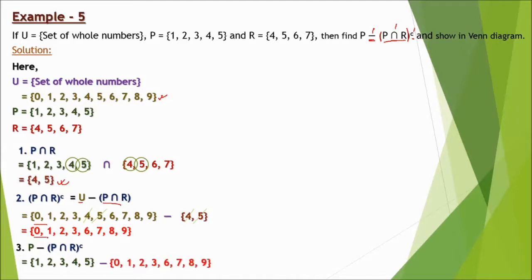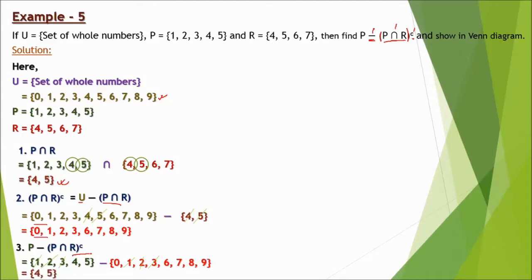Now again we have to cancel the common elements. 1 got cancelled, and again 2 got cancelled, again 3 got cancelled, again no. Okay, we don't have any other common elements. So our focus must be on the first set. 4 and 5 is remaining. So our answer will be 4 and 5.